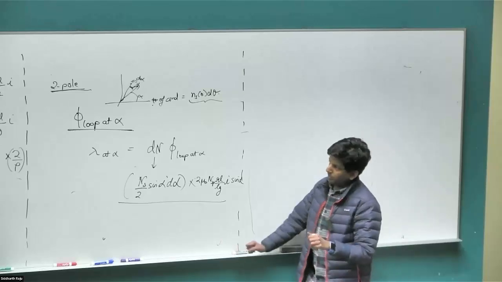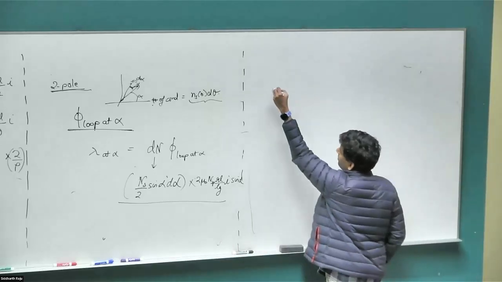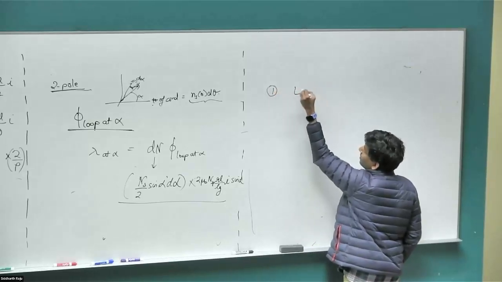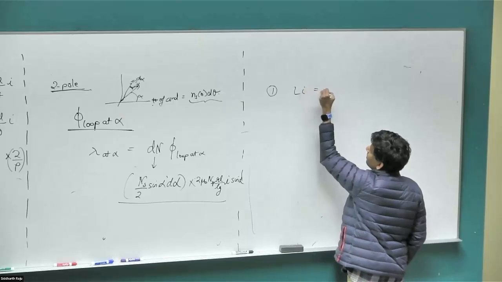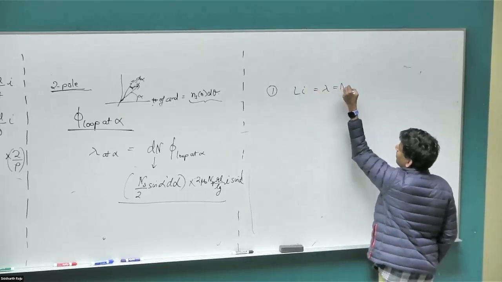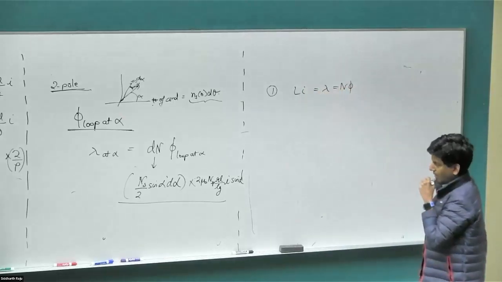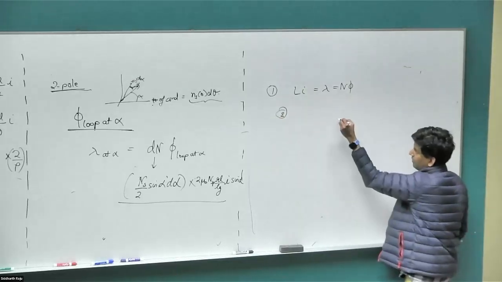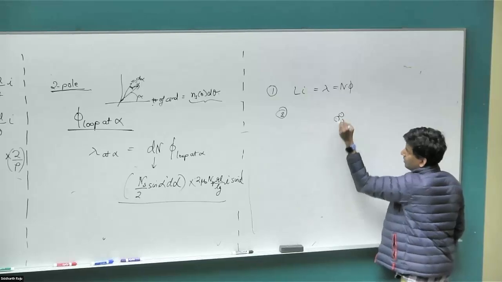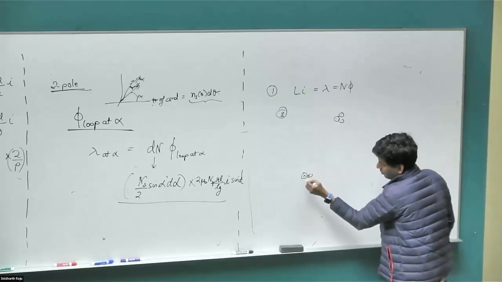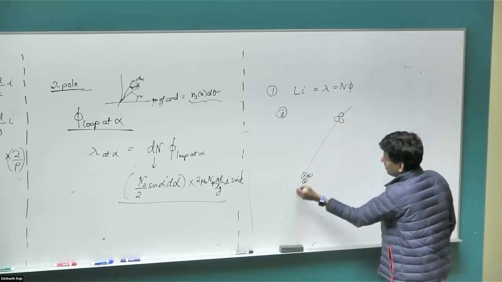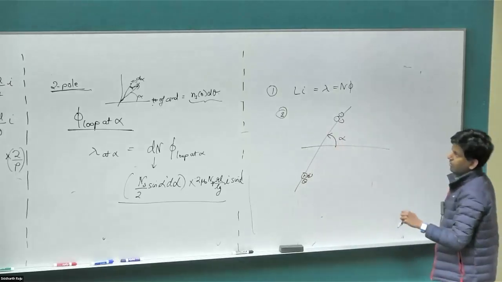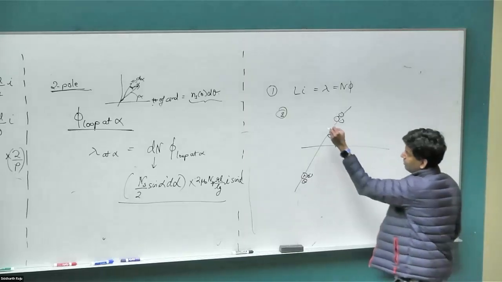So let's go through the process. What we started off with was our equation L times i must be equal to lambda, which in turn is equal to n phi. What's the second step that we did? We took a bunch of conductors at some arbitrary angle alpha, and figured out what the flux through this is going to be.